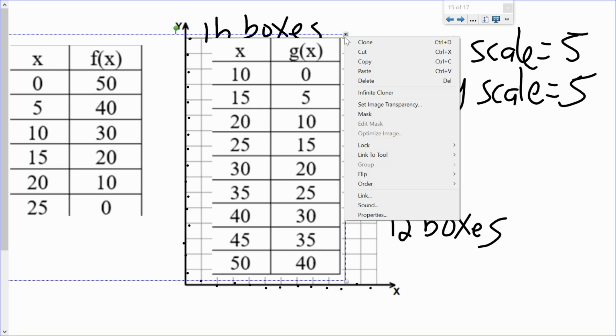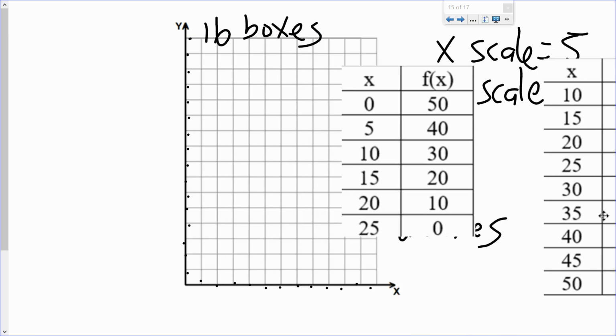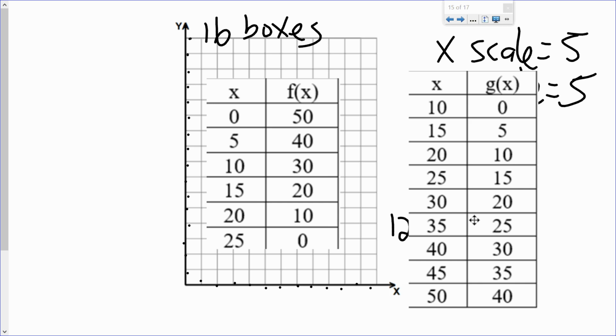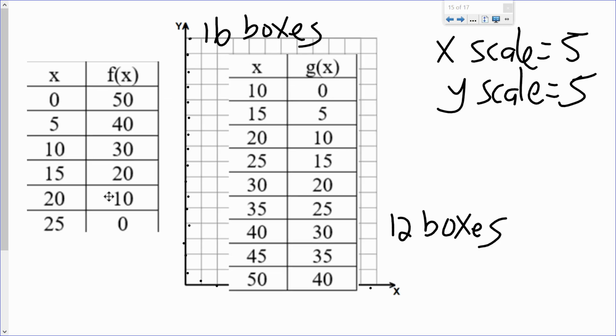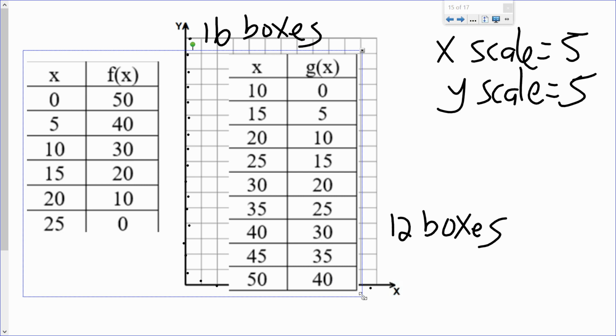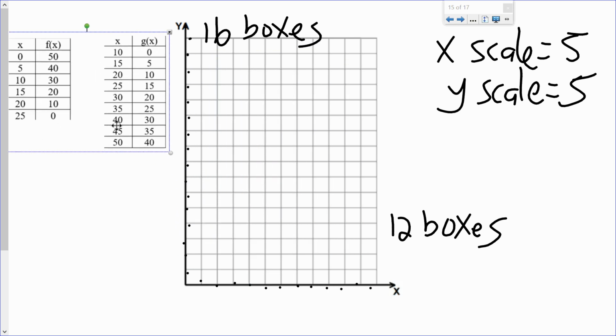Let's see if I can ungroup these. Nope, they're kind of stuck together, so that's going to be a little bit annoying. I'm going to make them a lot smaller. That's what I'm going to do. And that should do the trick.